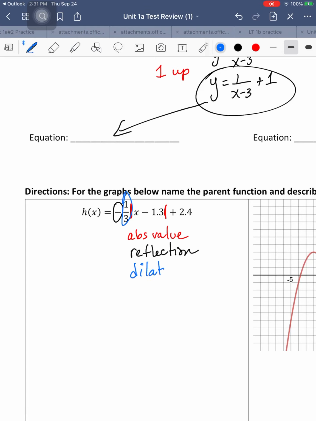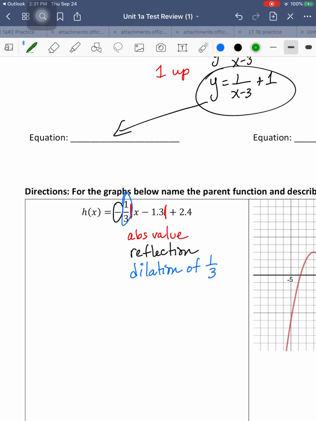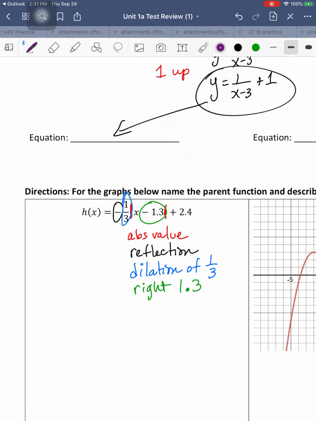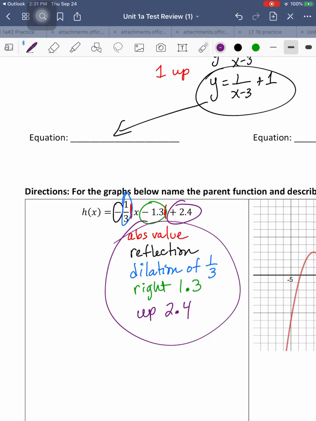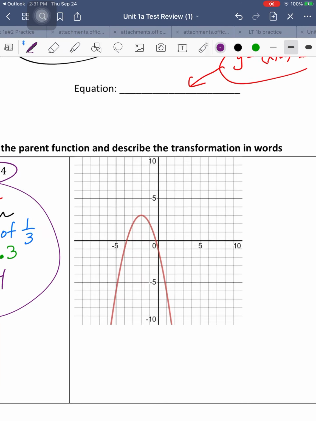We see dilation. And we also see right 1.3, and up 2.4. A lot of transformations happen there, but all we have to do is name them.